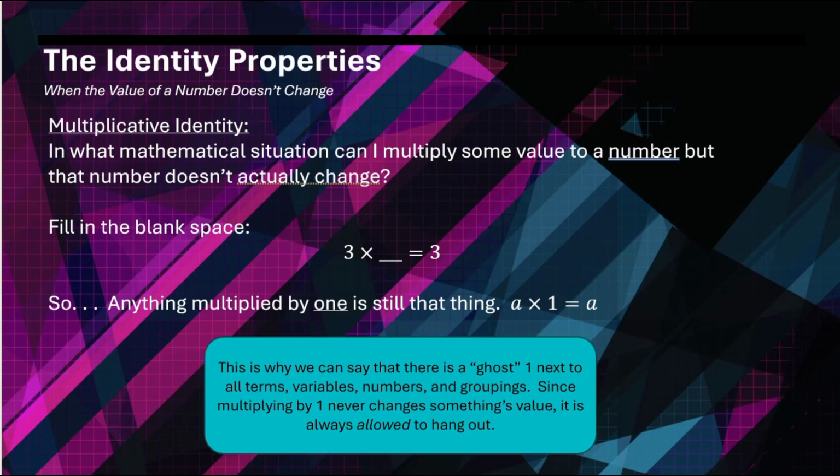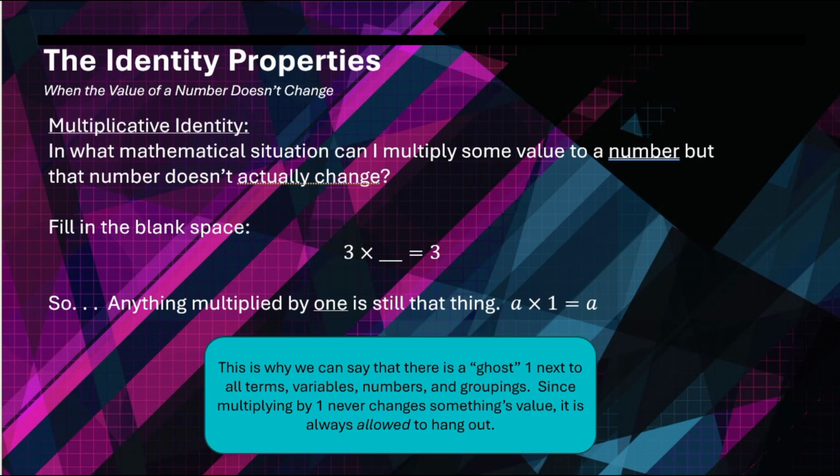So, as a side note, before we move on to the next set of properties, this is why I often will say to remember that there is a ghost 1 next to all terms, variables, numbers, and groupings, okay? Since multiplying by 1 never changes something's value, it is always allowed to hang out.